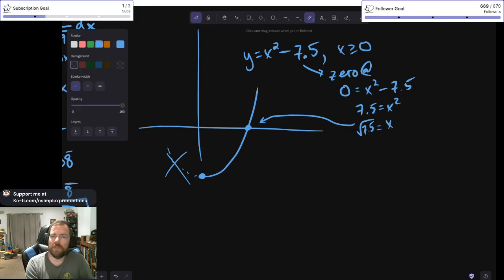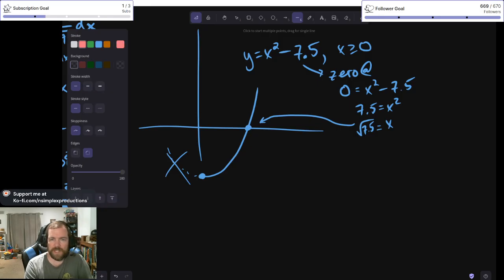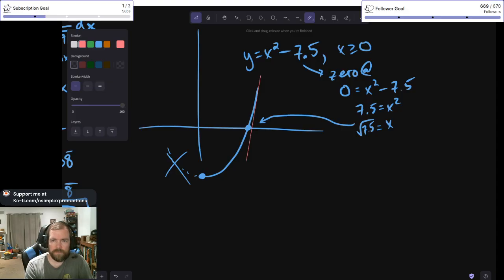So what we're going to do is we say that our first guess was up here at 9, which is where x is equal to 3, which is going to get us this value here.